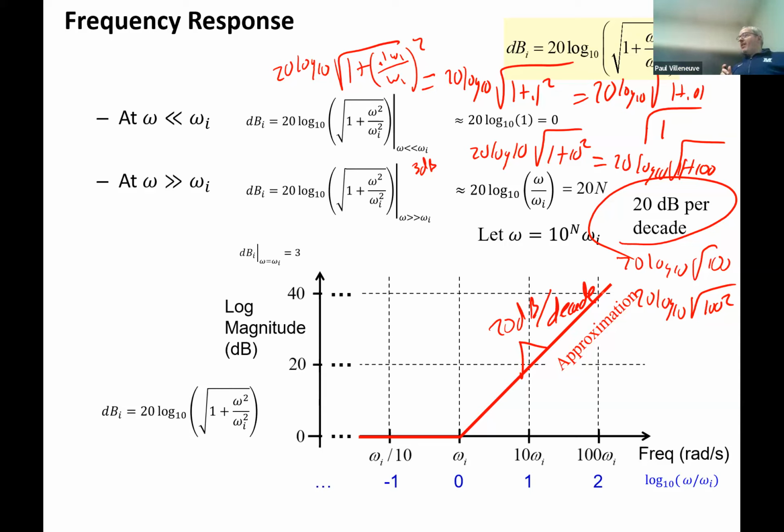This is an approximation. Does everybody know where the worst case error is going to be? When do you expect to have the worst case error between the exact and the approximation? Right here. And we've already said that's a 3 dB difference.